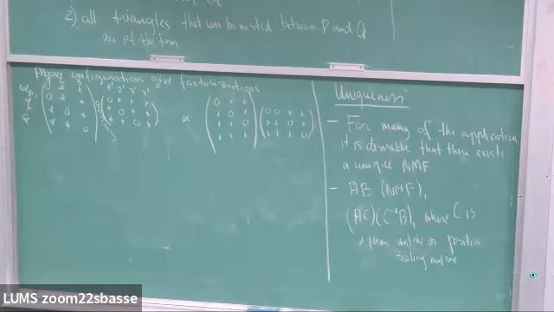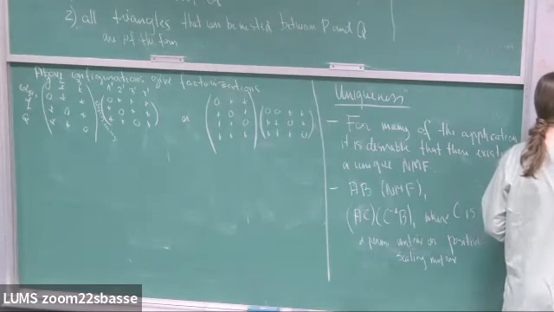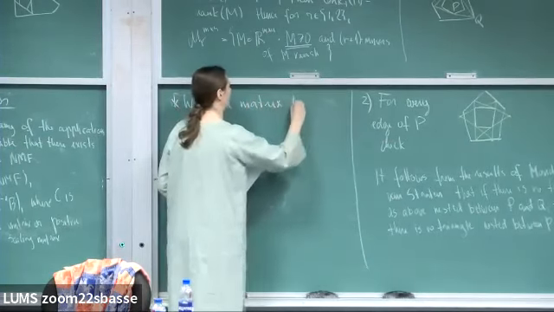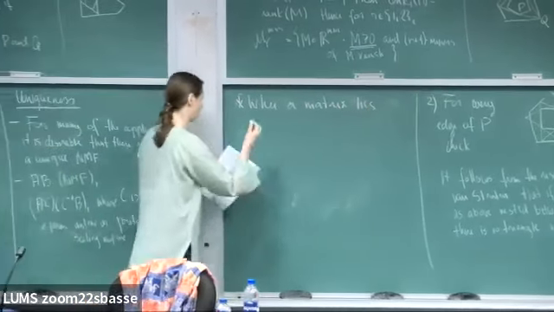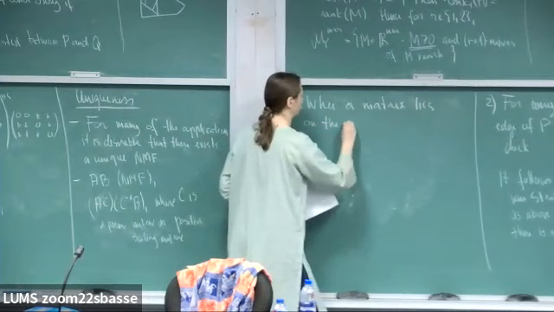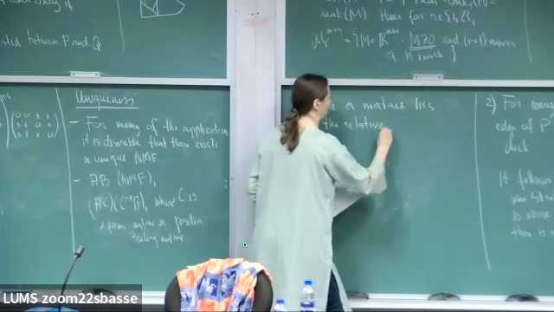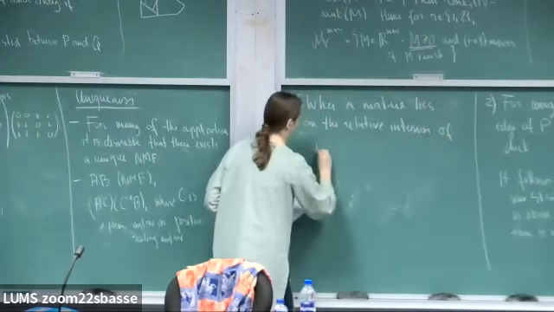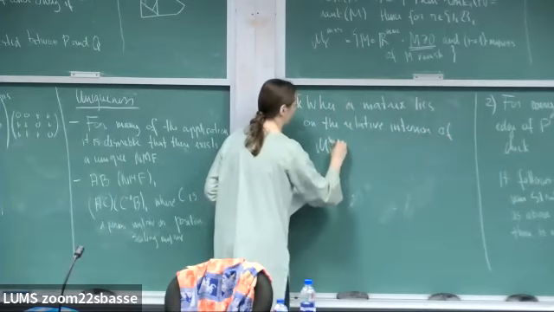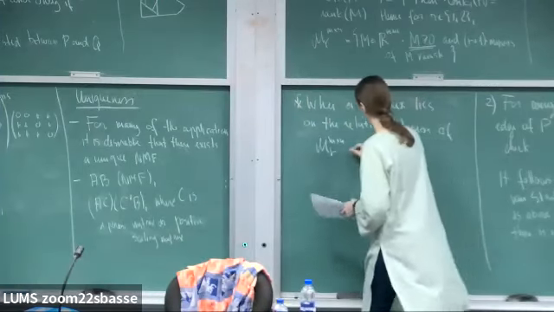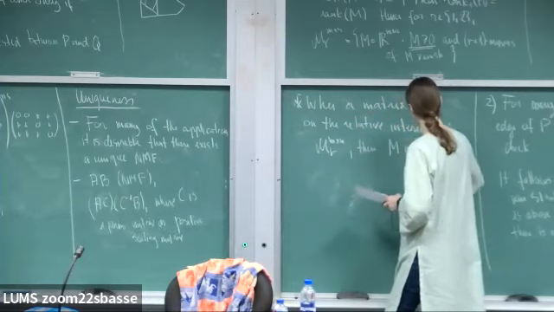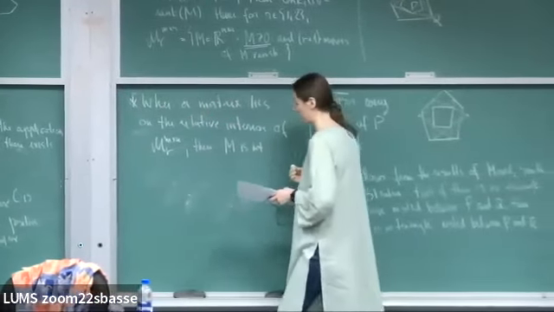And let's see, last thing that I will write down is that when a matrix M lies on the relative interior of the set MR n times n, then M is not uniquely decomposable in the non-negative matrix factorization sense.